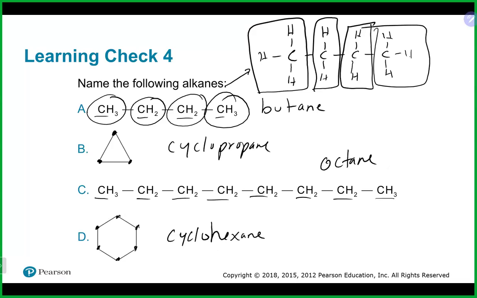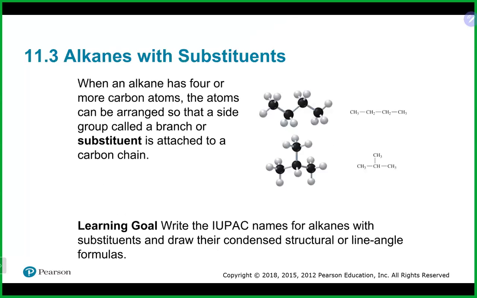Any questions on that there? Then let's talk about what happens when we actually have something else attached. When an alkane has 4 or more carbons, the atoms can be arranged side by side, which is called branch chain.